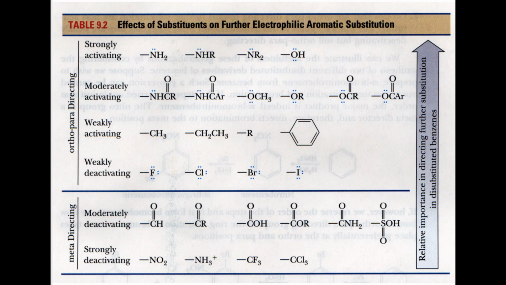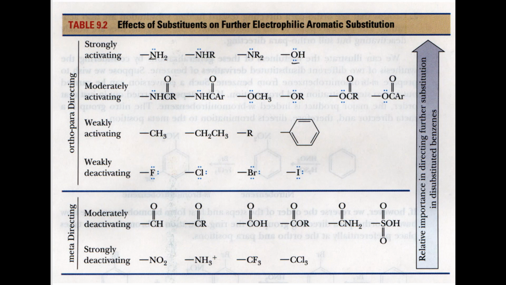The activating groups were things like with an N attached, with an oxygen attached. And notice that in this more detailed list, we do have a nitrogen. When a nitrogen is attached to the ring or when an oxygen is attached to the ring, that is an activating group.